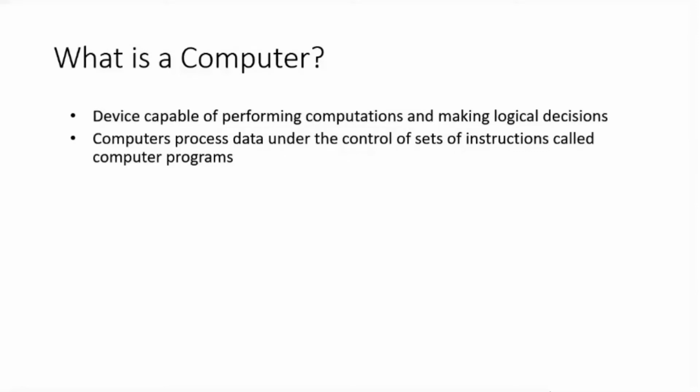So computer programs are nothing but a set of instructions. Suppose you normally use this PowerPoint program, a presentation maker program. In this case, what you do is you are giving instructions to the computer using this computer program.